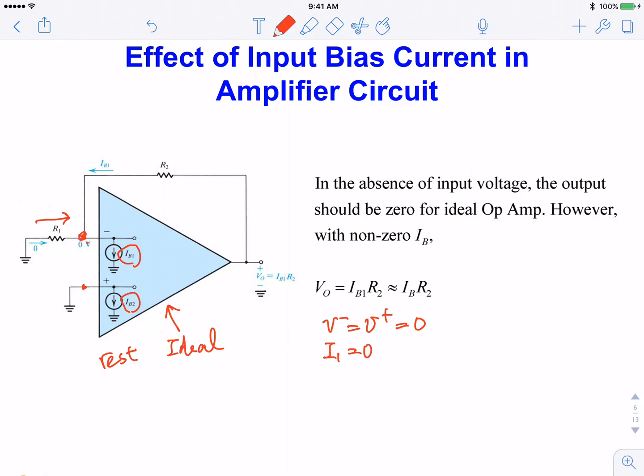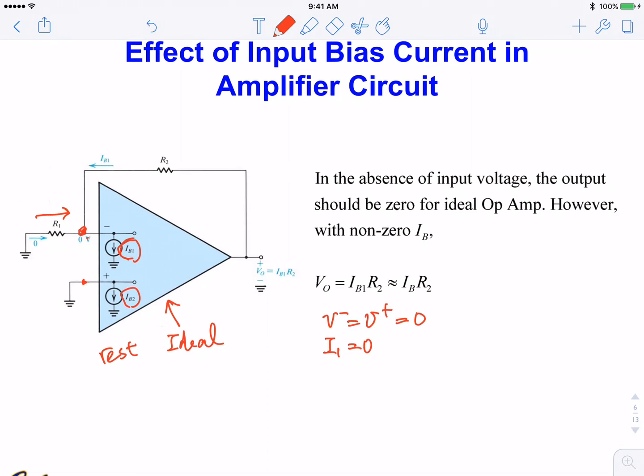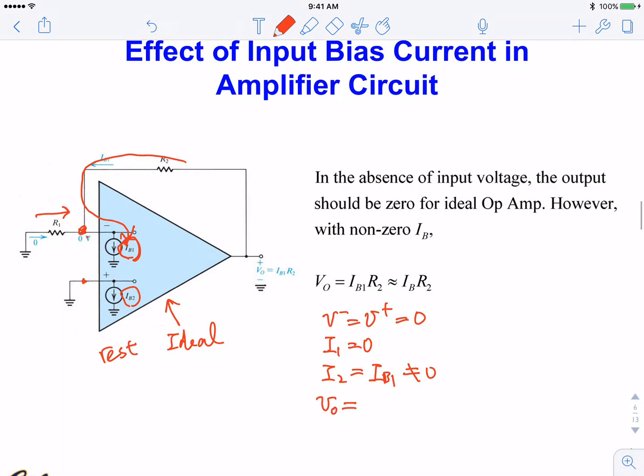Now this terminal is 0, but IB1 is not 0. So that means the current must be supplied through this terminal here, right? So I2 is equal to IB1, which is not 0 now, 100 nanoamp. And your output voltage is equal to V minus plus the voltage drop across R2, which is I2 R2.